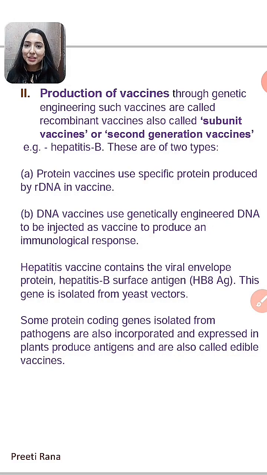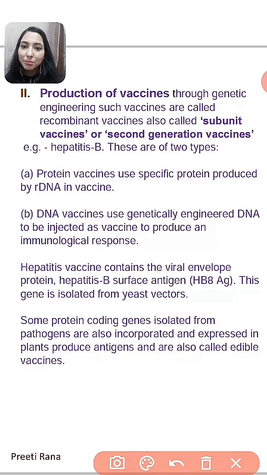The second application of biotechnology in medicine includes the production of vaccines. These vaccines are produced by genetic engineering, and such vaccines are known as recombinant vaccines, subunit vaccines, or second generation vaccines. For example, hepatitis B. These recombinant vaccines are of two types: protein vaccines and DNA vaccines.